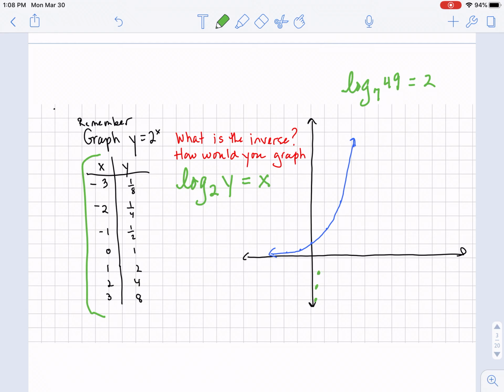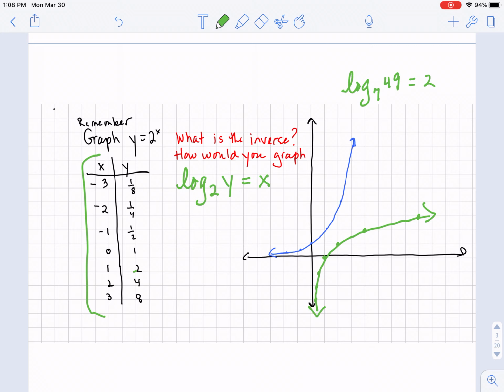Then 1, 0. Then 2, 1. And the point 4, 2. And the last point is 8, 3. So again, all I did to graph the log function is reverse the x and the y.